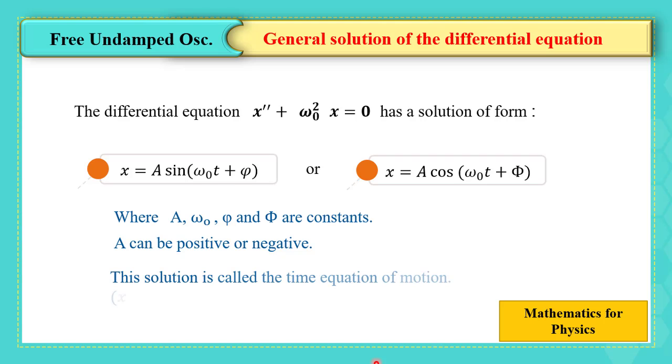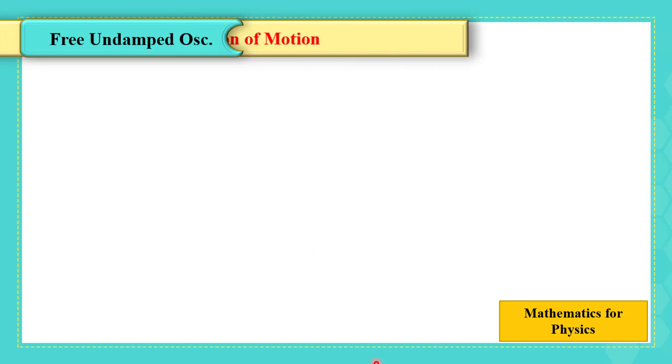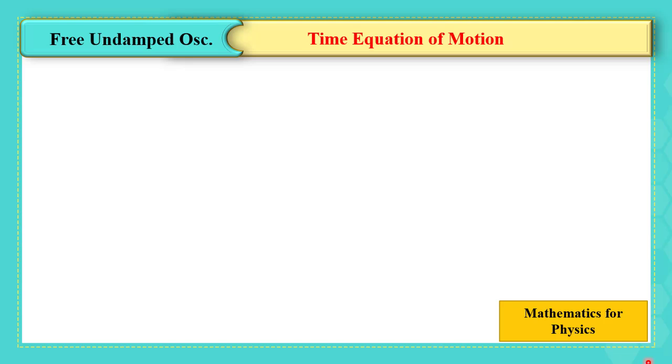A can be positive or negative. This solution is called the time equation of motion, where x is a function of time. This time equation is completely new to you, and we are going to explain it for you.